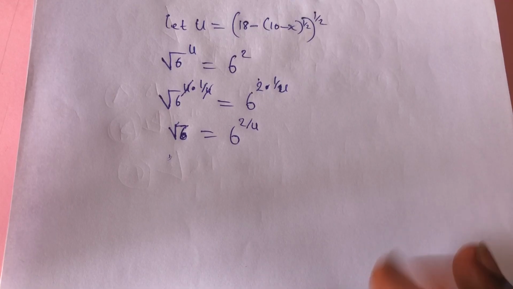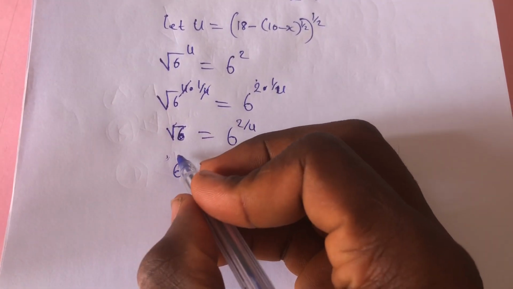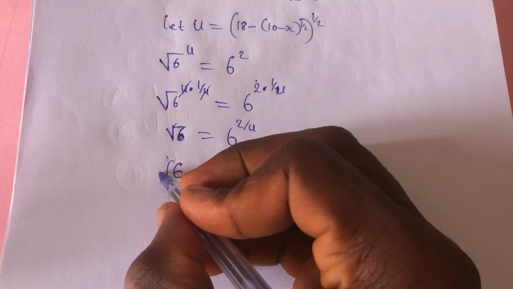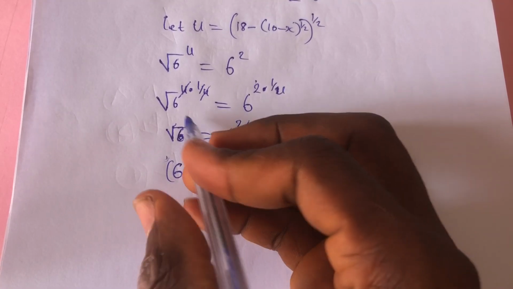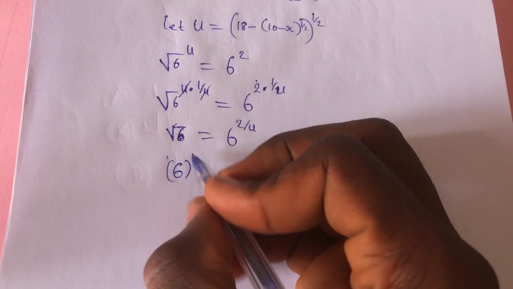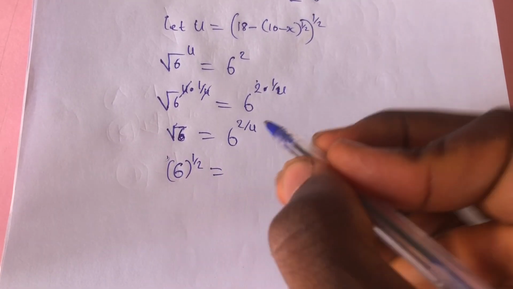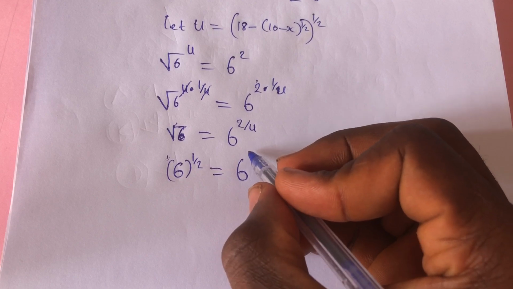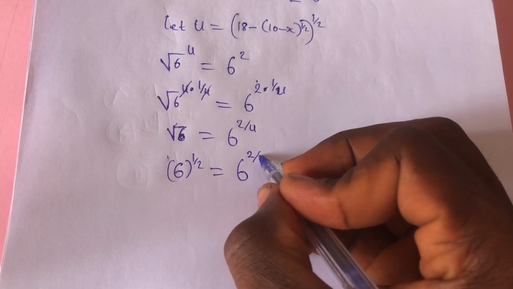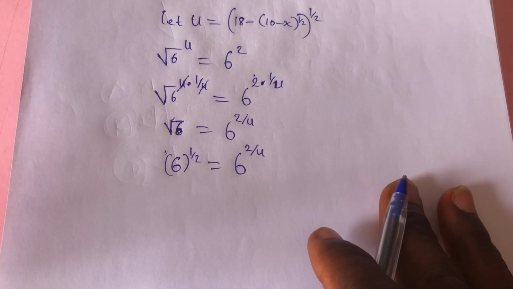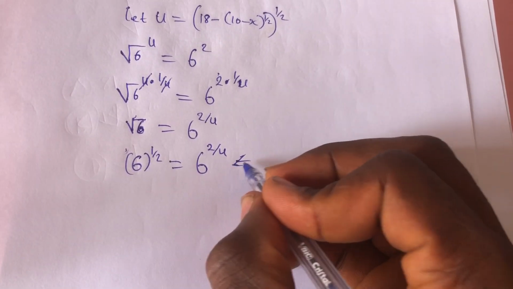So this is making sense, right? So this 6 raised to the power 1 over 2 is the same as the square root of 6, which is equal to 6 raised to the power 2 over u.